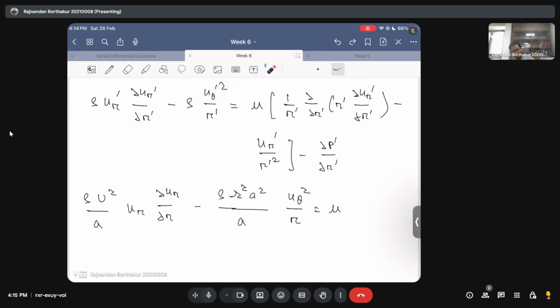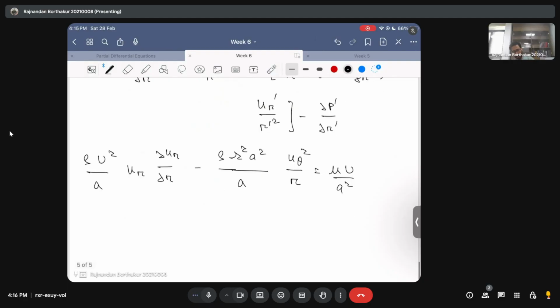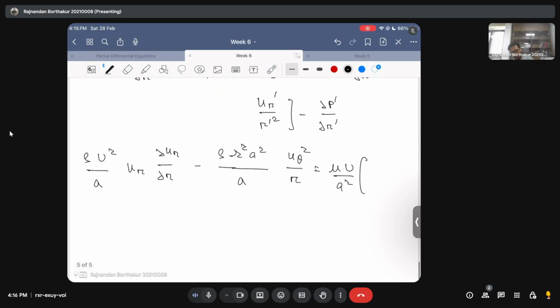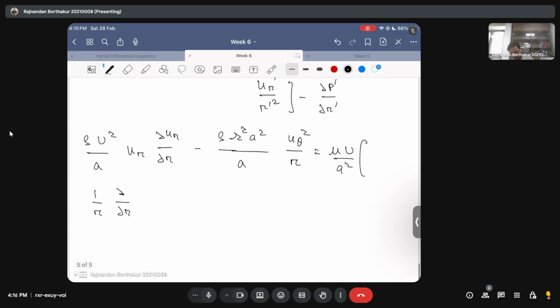Okay, now let's see what we can get from here. We'll get urc by a squared, because we'll get a urc from here, an a from here, and an a from here. So we'll get mu times urc, but urc I know is equal to u, and then this is going to be a squared divided by a squared, and then we'll have this quantity which is equal to 1 by r del r of r times del ur by del r.